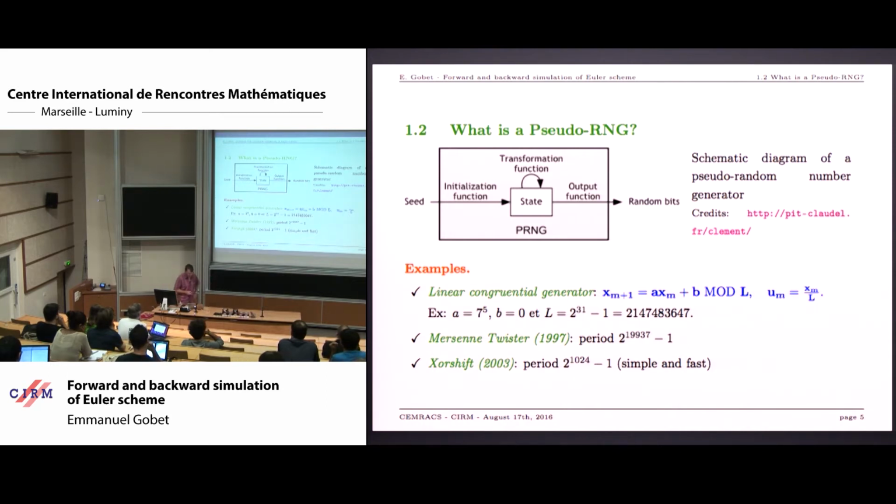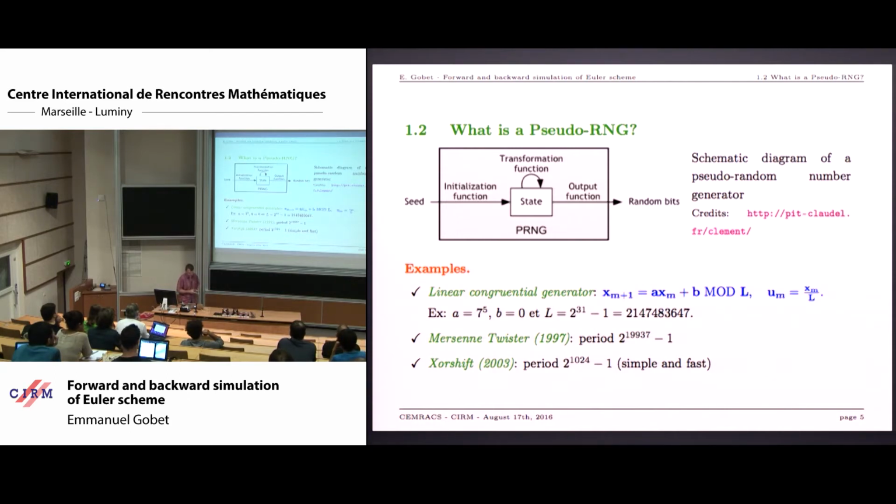So I just recall very quickly what it is. What is an RNG? This is just a black box. You start from an initial number, the seed, and then you call the black box and it gives you a number which looks quite erratic in its behavior.